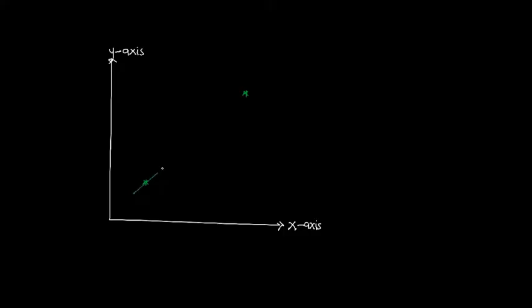So if I draw a straight line through these 2 points, we are going to have point A over here, which has the coordinates x1, y1, and then we have point B, which has x2, y2 as its coordinates.